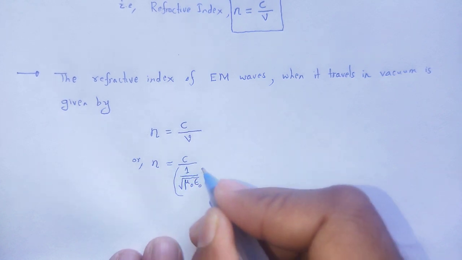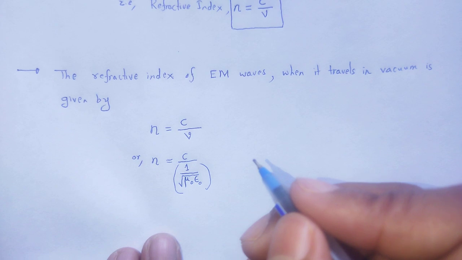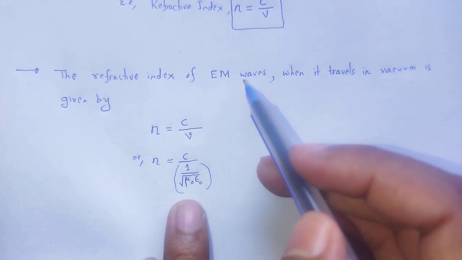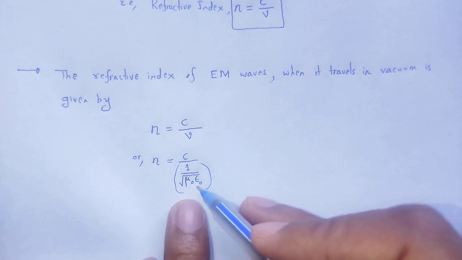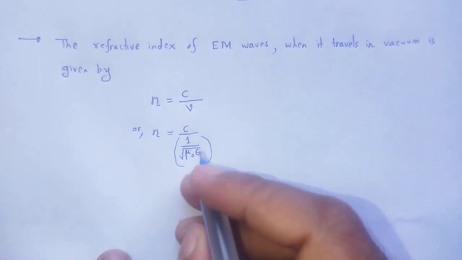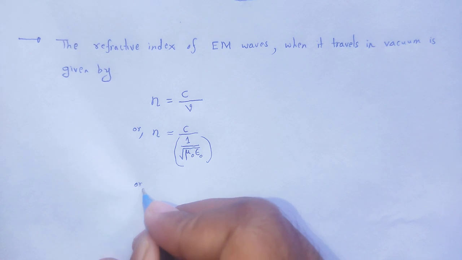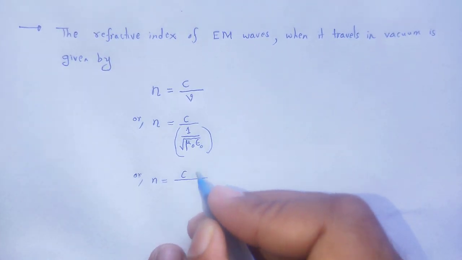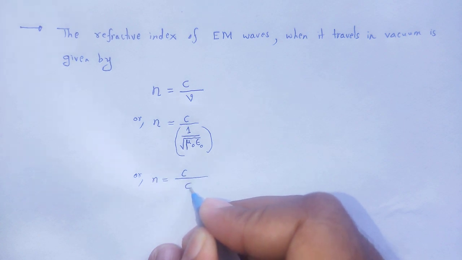That is the velocity of the electromagnetic waves in this medium, which is equal to c.